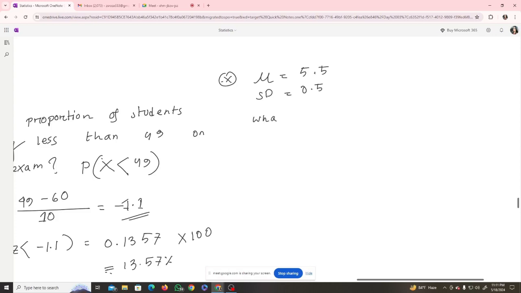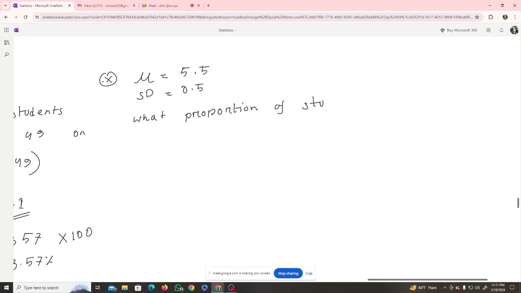Your question is: what proportion of students are between 5.6 and 6.3 feet tall?